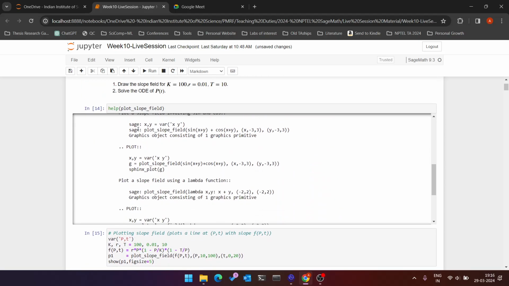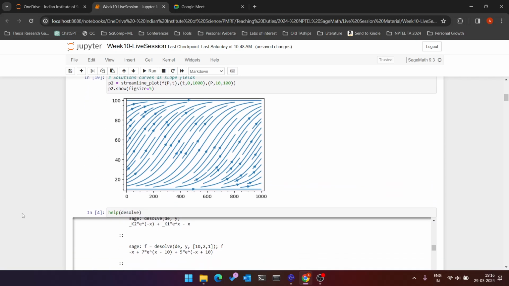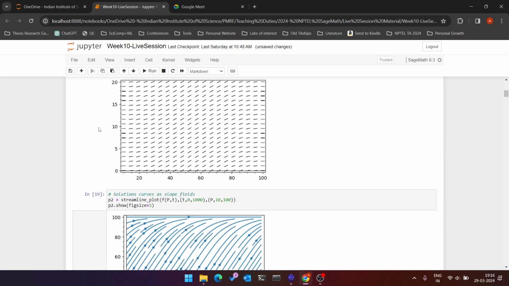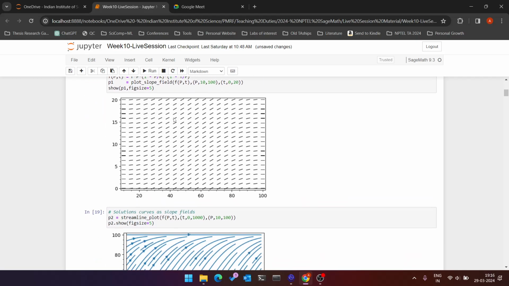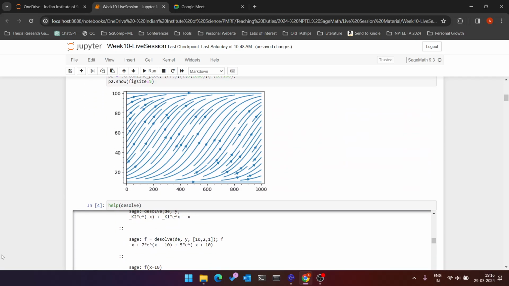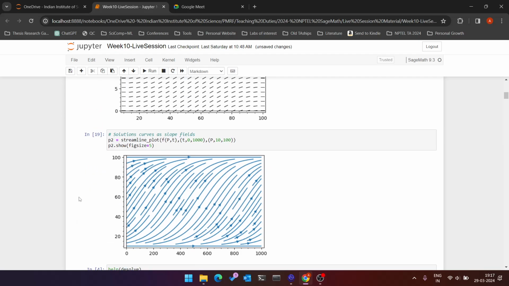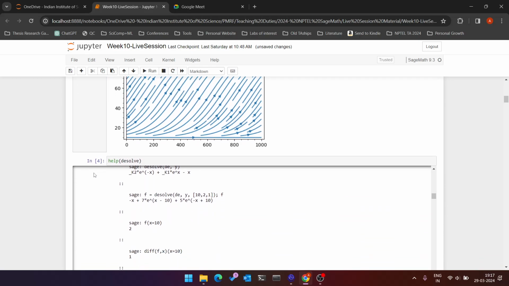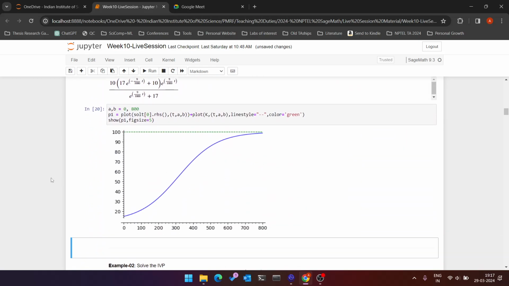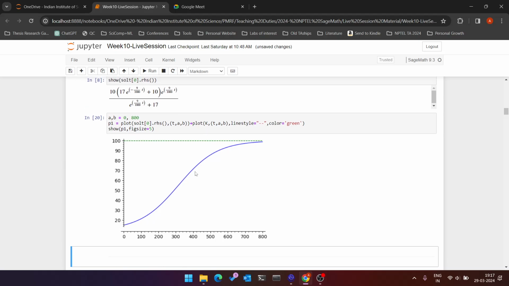Okay, so the whole idea here was to show how a slope field plot or a streamline plot can help us infer or rather visualize possible solutions to the derivative function, and this is how we have done it and obtained the solution for our specific initial value problem.